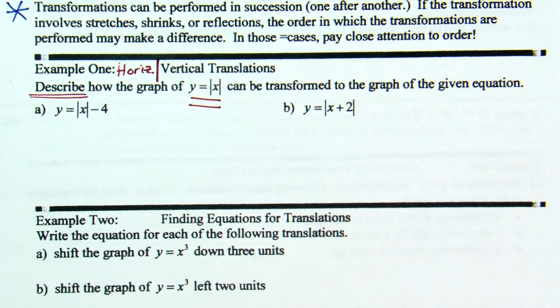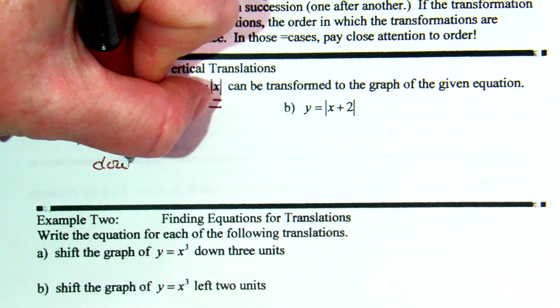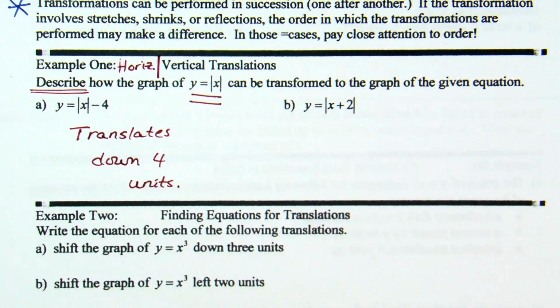Now, use some kind of verb there. Translates is our official verb. Shift works as well. Don't just tell me down 4, please. Give me some kind of verb there. Sorry, we're going to practice a little bit of grammar while we're here. So I'm going to say translates down 4 units.